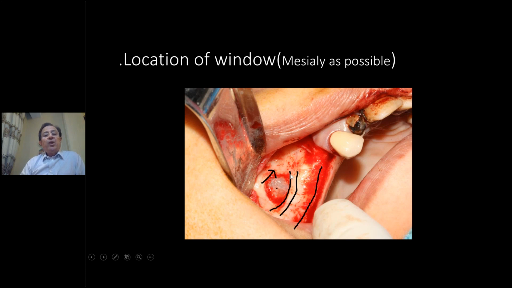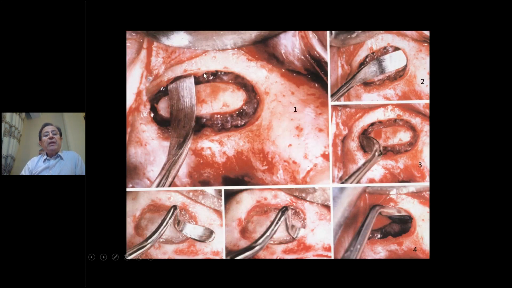What's the best area for starting the membrane detachment and lifting? The upper part of the window is the best place. We must start sinus lifting from here, because most of the perforations are done in the initial stage of the sinus lifting, when we don't know carefully about the behavior of the membrane.